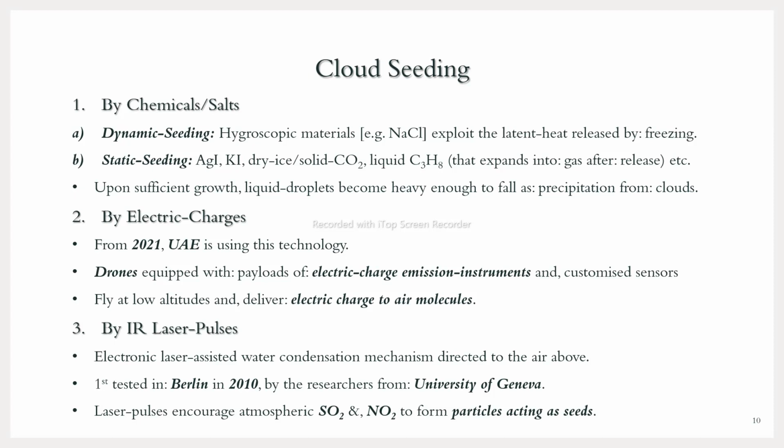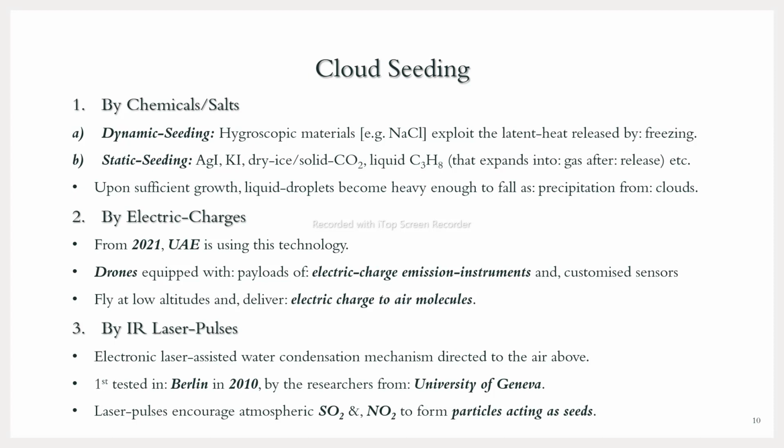In this process, laser pulses encourage atmospheric gases such as sulfur dioxide and nitrogen dioxide, which are present in trace amounts in the atmosphere above industrial cities, to form particles, and those particles act as seeds for precipitation.